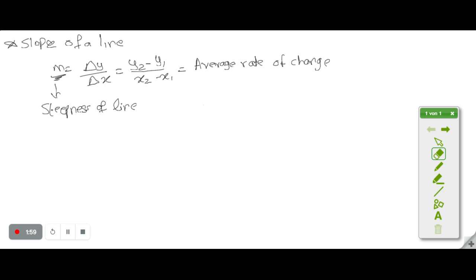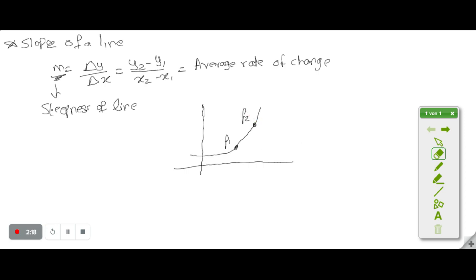So for example, let's say that I'm going to draw a curve. This is some curve, and you have 2 points here. This point is P1 and this point is P2.